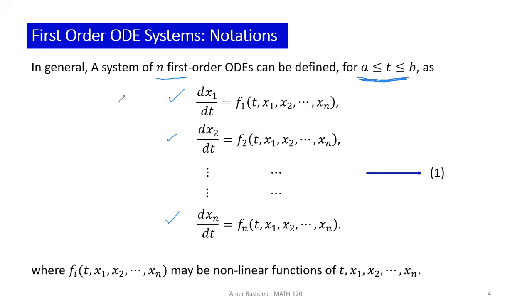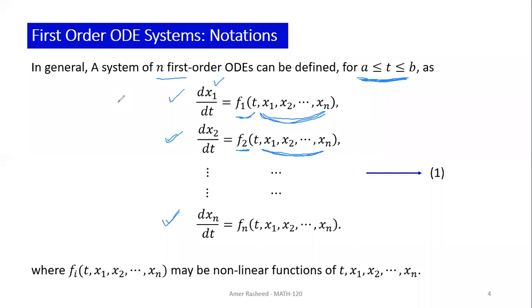Now you can see here that x1 is the dependent variable, but this right hand side function may contain x1, x2, and so on, xn, so all the dependent variables. Similarly, dx2 by dt might be another function f2, and it may be a function of x1, x2, so on, xn.